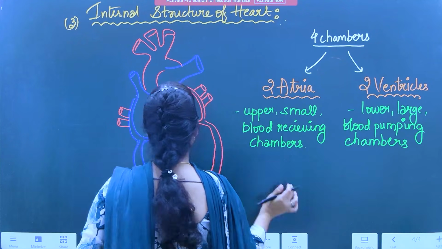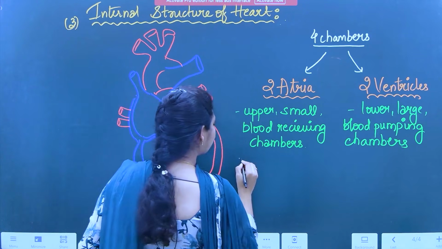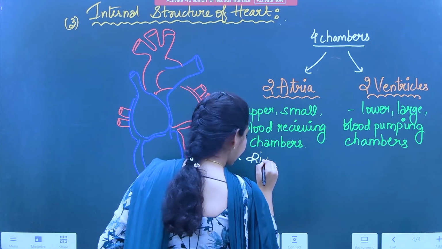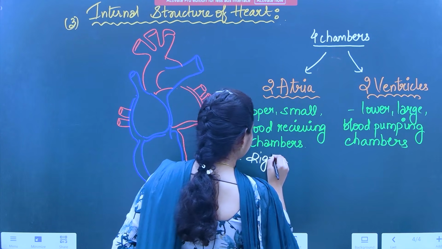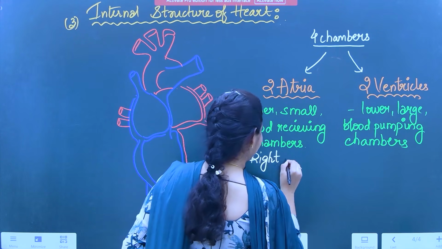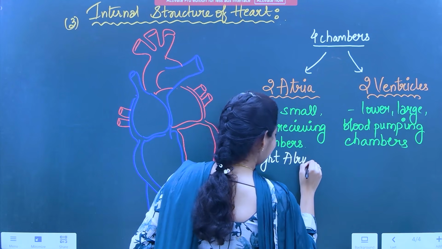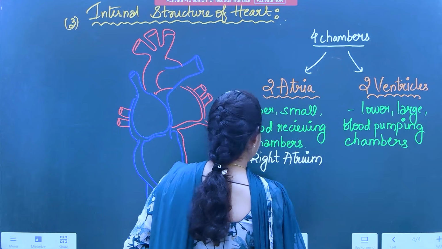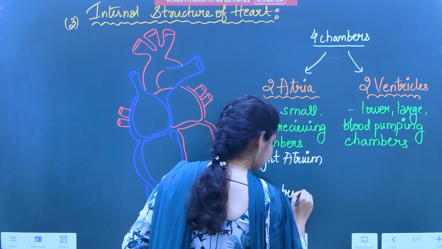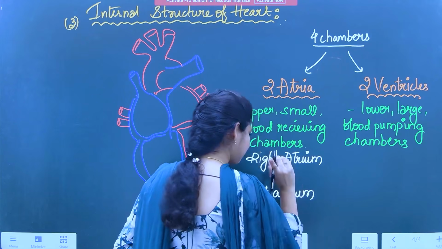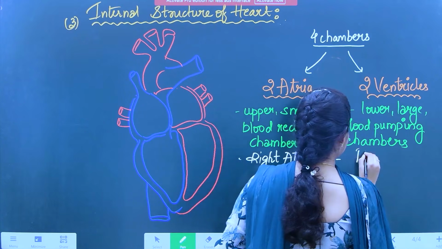Now let us label them. Two atria. What are they? Right atrium, left atrium. I have left some space in the middle. You'll understand why.